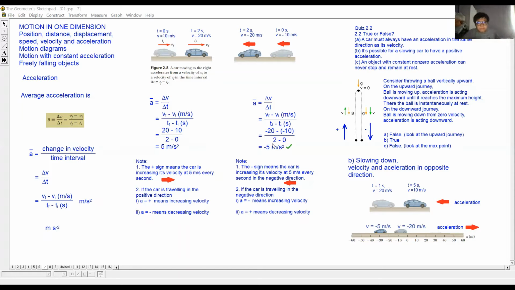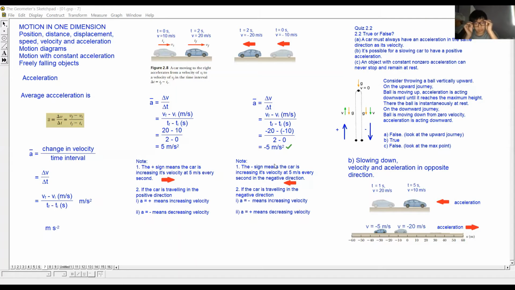However, if the car is moving from right to left, like in the second example here, if it is moving in the negative direction and the acceleration is negative, actually the true speed is increasing. If the acceleration is positive, then actually the true speed is decreasing.